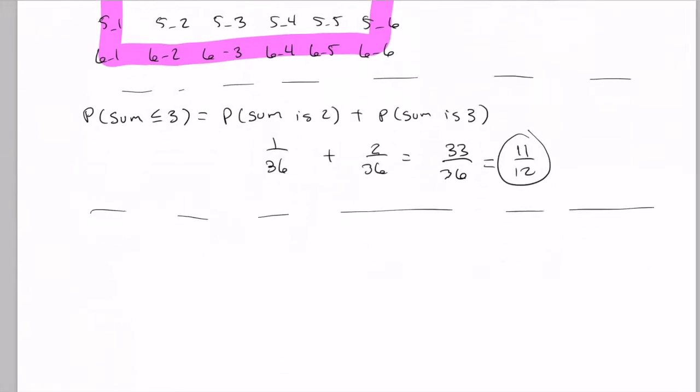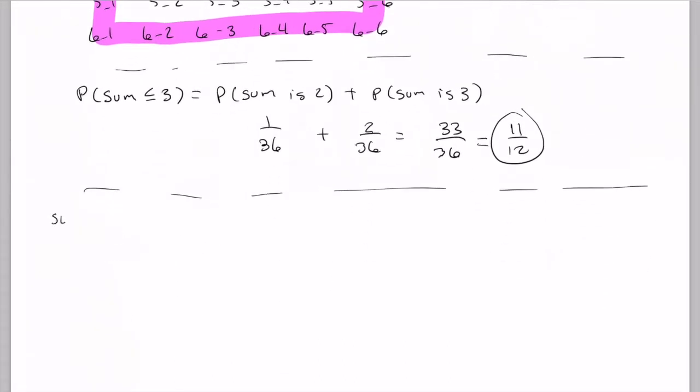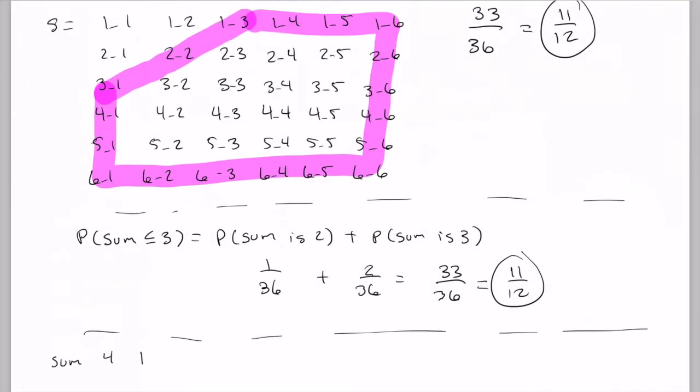Now the long and tedious way would be to add up each sum. Sum 4: how many of those equal 4?